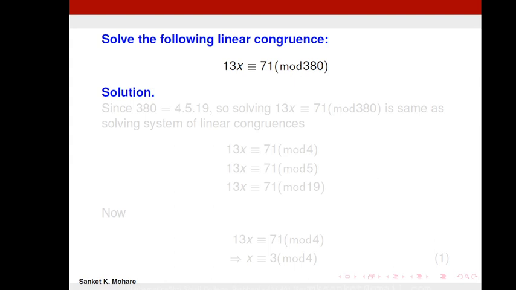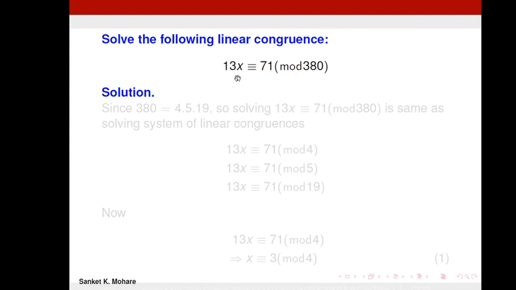Now the next example. Solve the following linear congruence: 13x is congruent to 71 modulo 380.